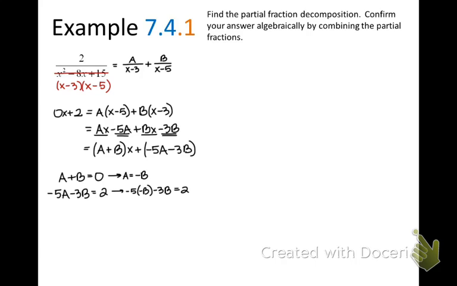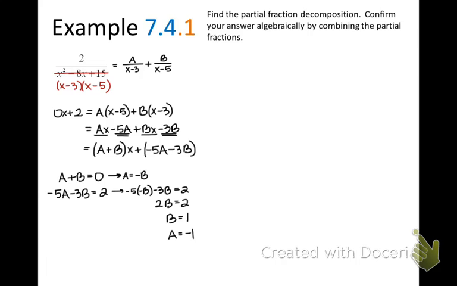All right, so now on this side, negative 5 times negative b is going to be positive 5b, minus 3b is going to leave me with positive 2b on this side, so that b is equal to 1, and if b is equal to 1, what is a equal to? Negative 1. So that one was easy enough just to go through and do by hand, right?